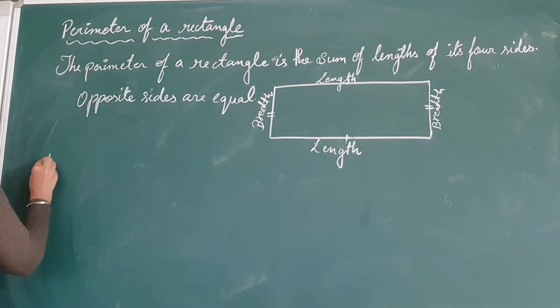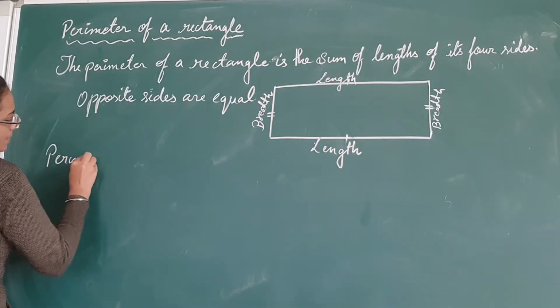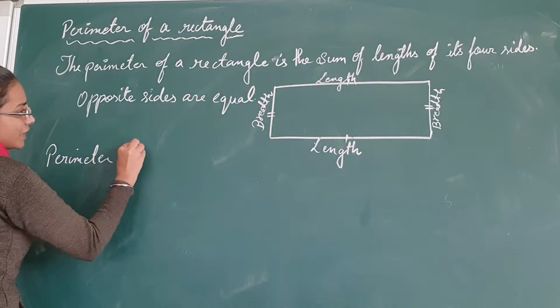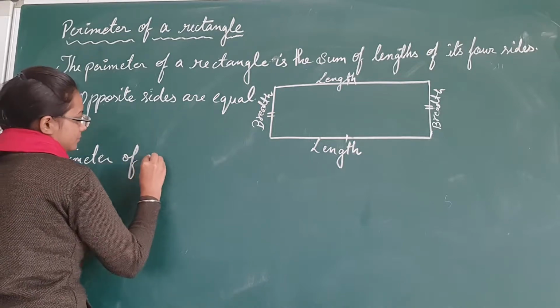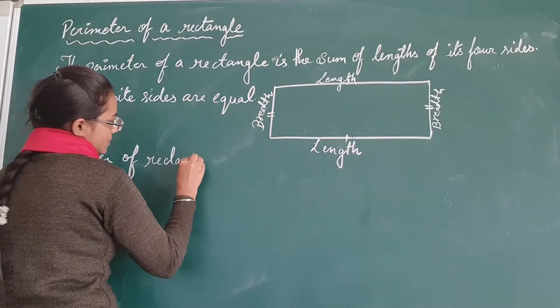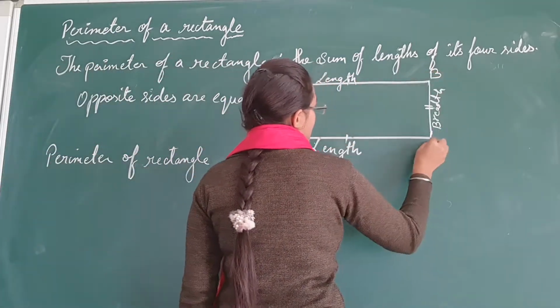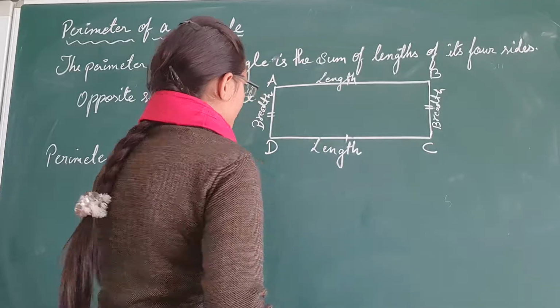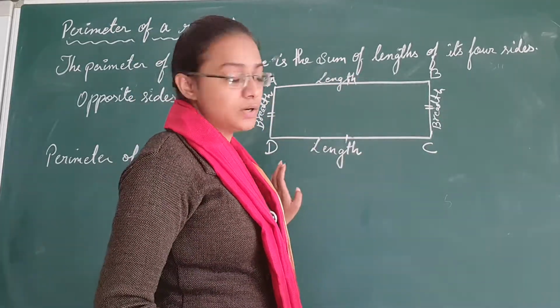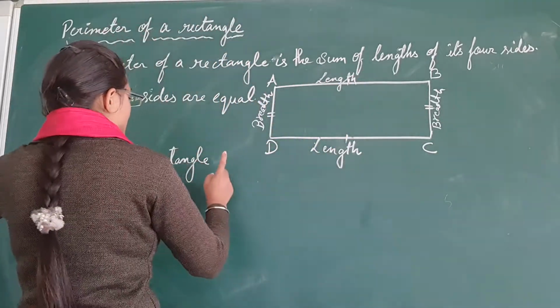So the perimeter of rectangle, let's name it here A, B, C and D. When you are writing the consecutive sides, you must write it properly.